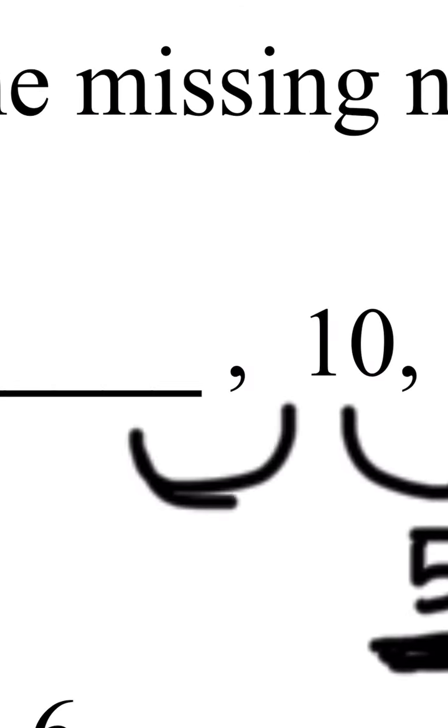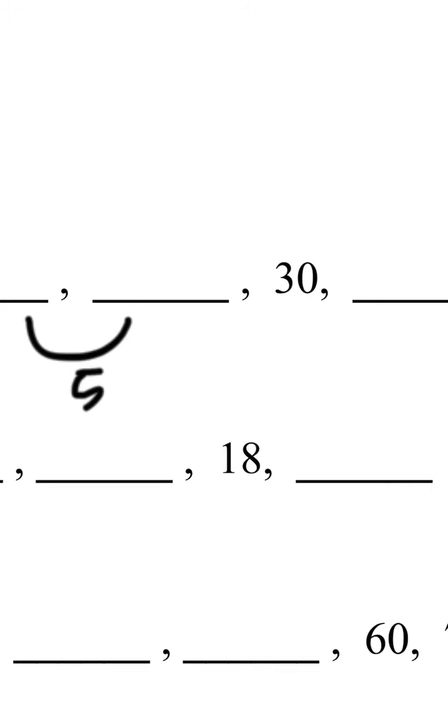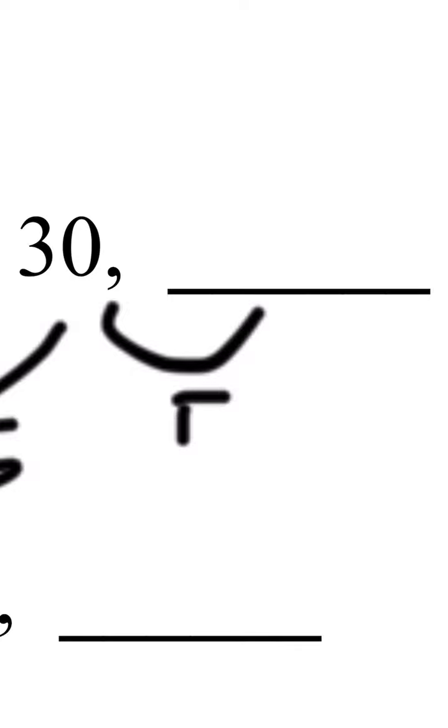So the difference of these two numbers is also going to be 5. And the difference over here is also going to be 5. And so on. 5, 5, and 5.